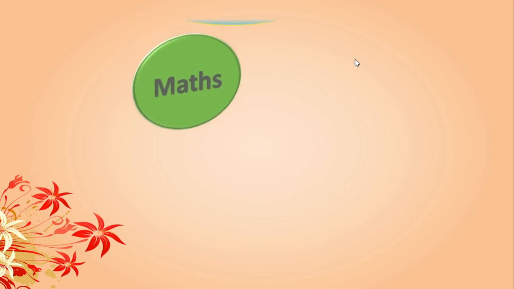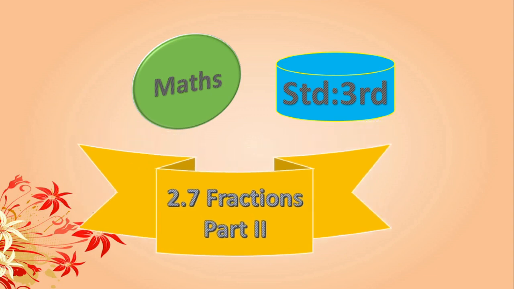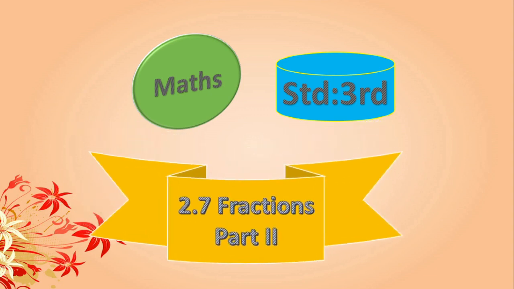Subject is maths of standard 3rd and name of the lesson is 2.7 fractions. This is part 2 of this lesson. Yes, dear children, you know that the meaning of fraction is that it is a part of one whole, isn't it?